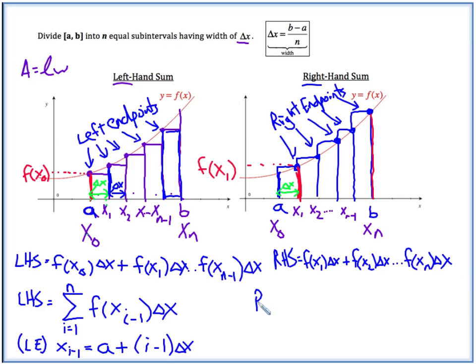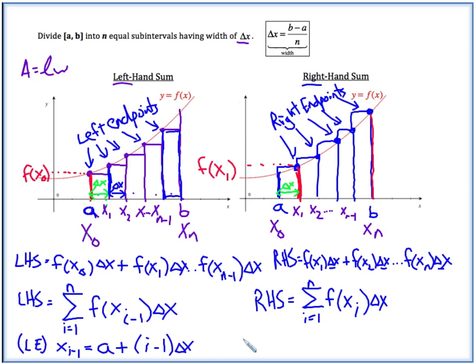So your right-hand sum is still going to be the sum from i equals 1 to n. It doesn't change. We're going to start at 1 to n intervals, but now we're just going to have f of x sub i times delta x. So hopefully you can see that the delta x's don't change. That's why we can factor that out there.